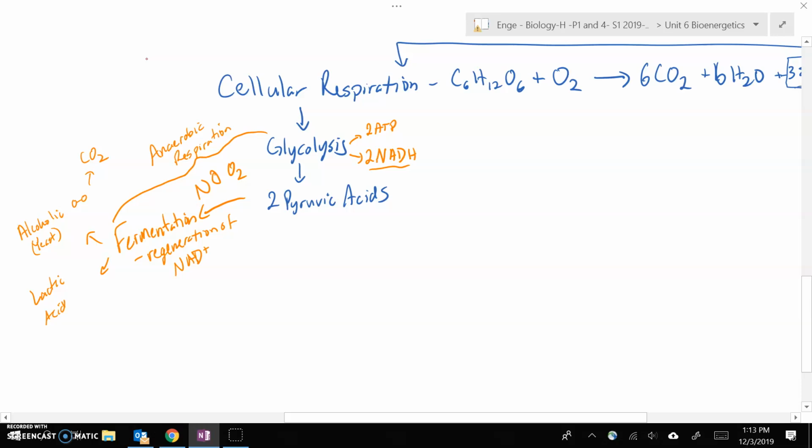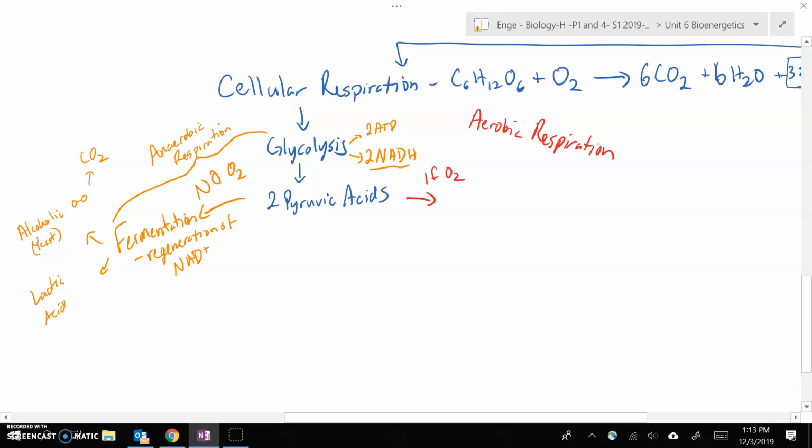But if we do have oxygen, then we can go into the rest of which process? No oxygen, anaerobic. Then we can go into aerobic respiration. All right.